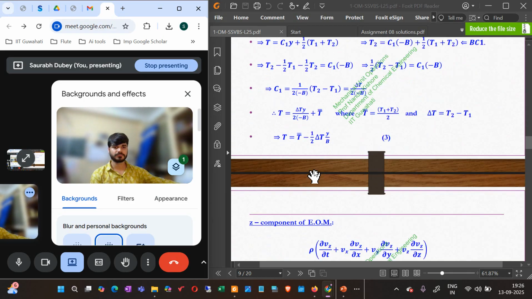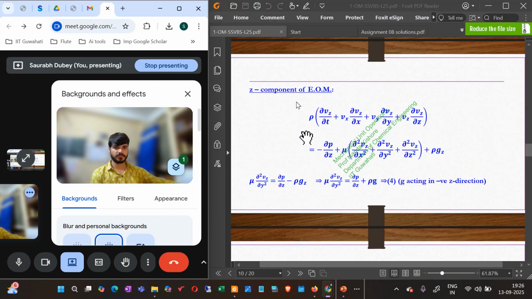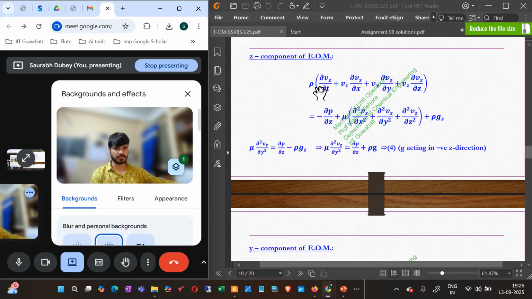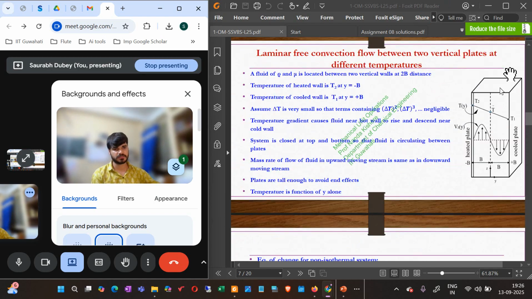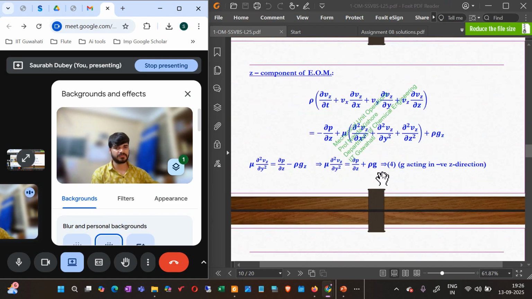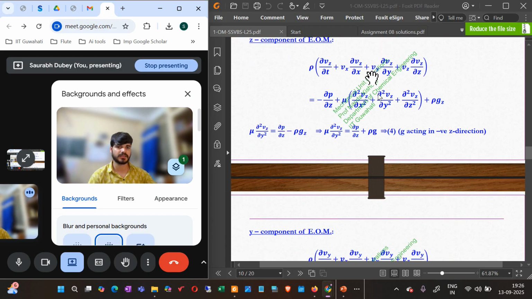So now this temperature you got, now you can use the equation of motion in the Z direction, so upward. So this is the Z direction. In that direction, if you apply the equation of motion, these things have been discussed very clearly.